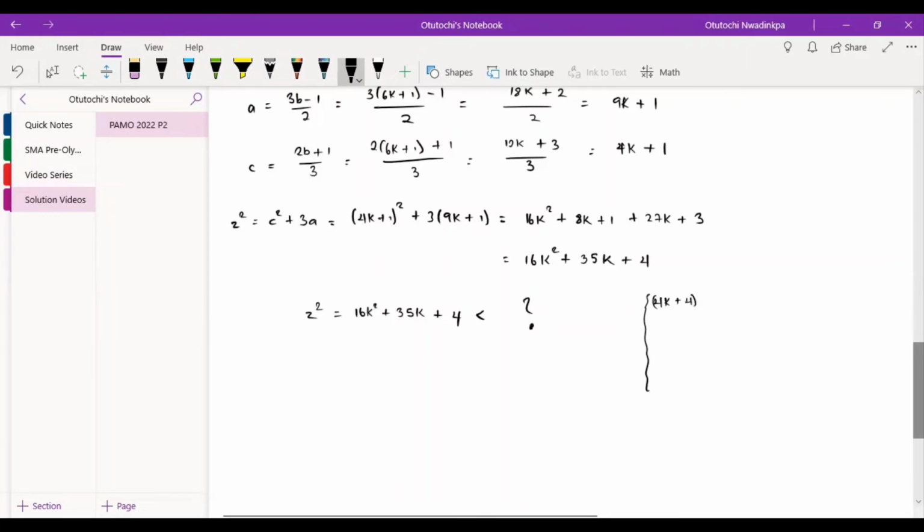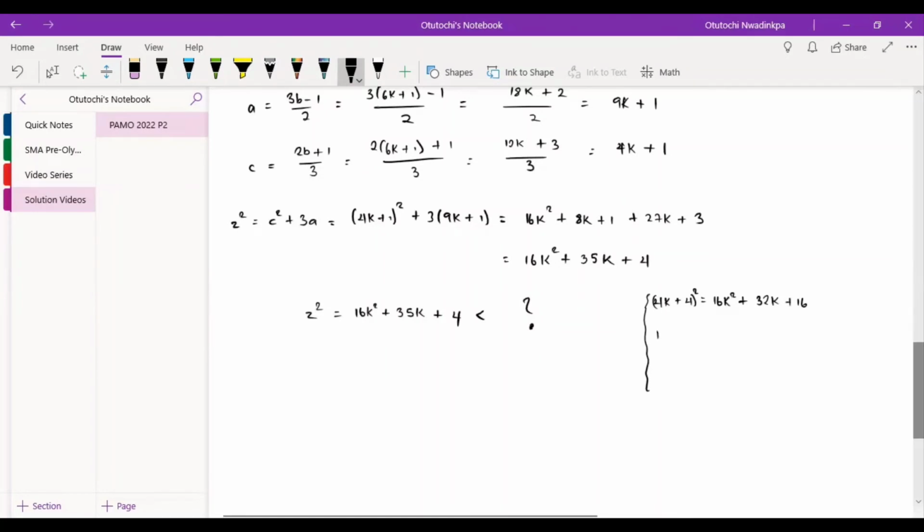What's (4k plus 4) squared? That's going to be equal to 16k squared plus 32k plus 16. Now, how can we compare this with z squared? It looks lesser than z squared, right? Let's check if this is lesser.